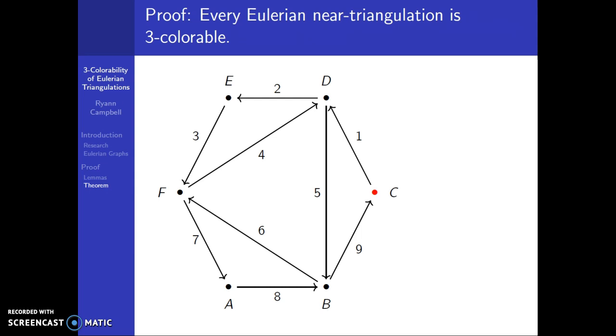Let's talk about D. As we reach D from edge 1 and exit through edge 2, when we come back to it, we are entering through edge 4 and leaving through edge 5.